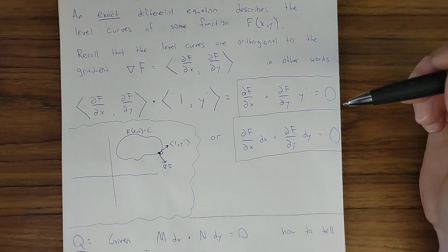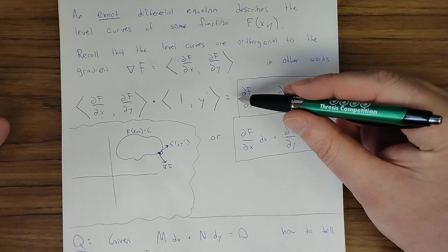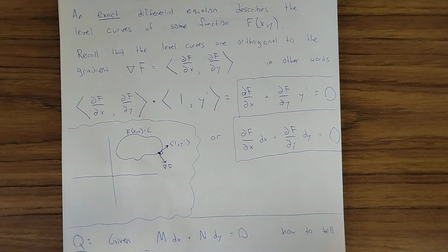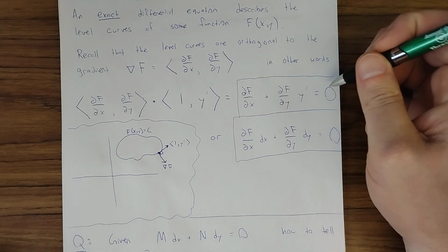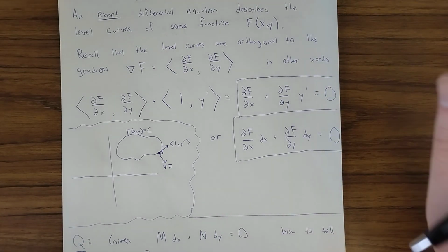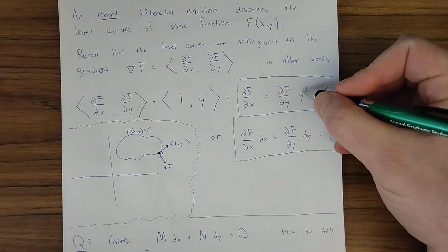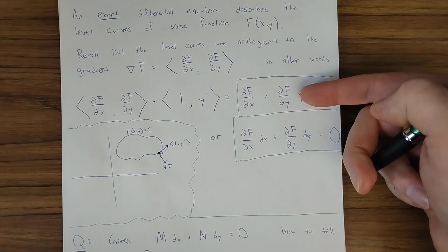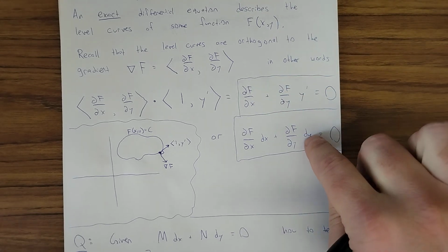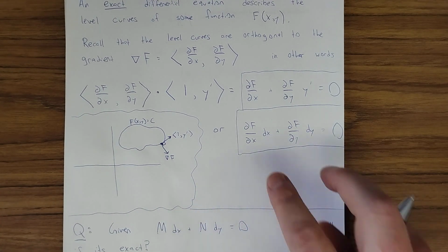An exact differential equation is a differential equation that you would get by taking a function of two variables and writing down this equation for the tangent lines of its level curves, like we just talked about, and you get this. Of course, y prime, we often go back and forth between writing y prime or dy over dx. So if I wrote dy over dx here and then multiplied everything by dx, then there would be a dx that ends up here and a dy that ends up here, and you would get this. So you often see it this way.